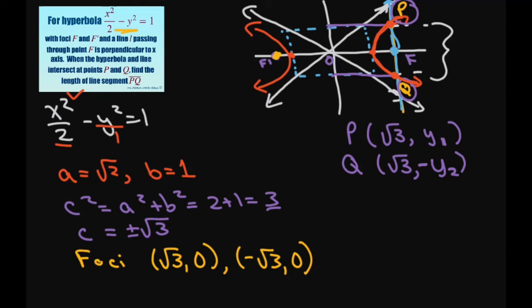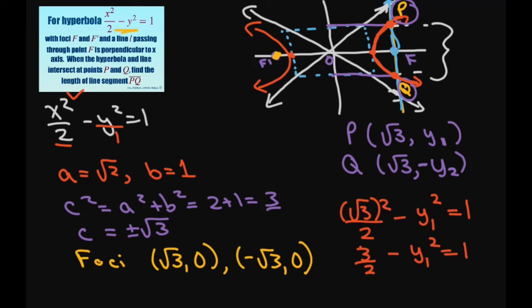Since they're on there, we can substitute in and say that for x, we have square root of 3 squared divided by 2 minus y sub 1 squared equals 1. So that's going to give me 3 divided by 2 minus y sub 1 squared equals 1.